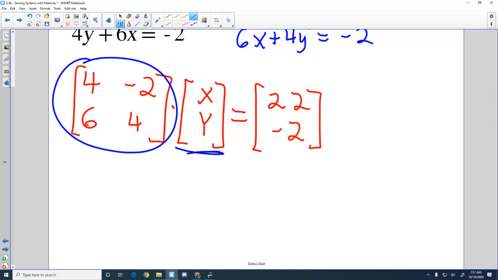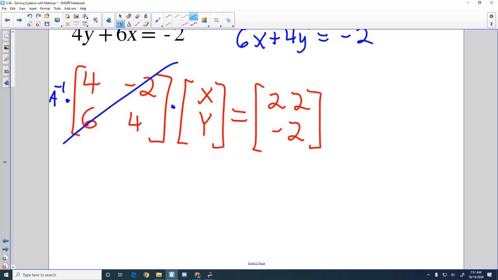To cancel it out, we multiply by its inverse. Because there's already a matrix on the right side of it, its inverse is going to have to go on the left side of it. Those will cancel out. And then over here on the right side, my true calculation is going to be taking A inverse times that constant matrix. That's all I have to figure out.